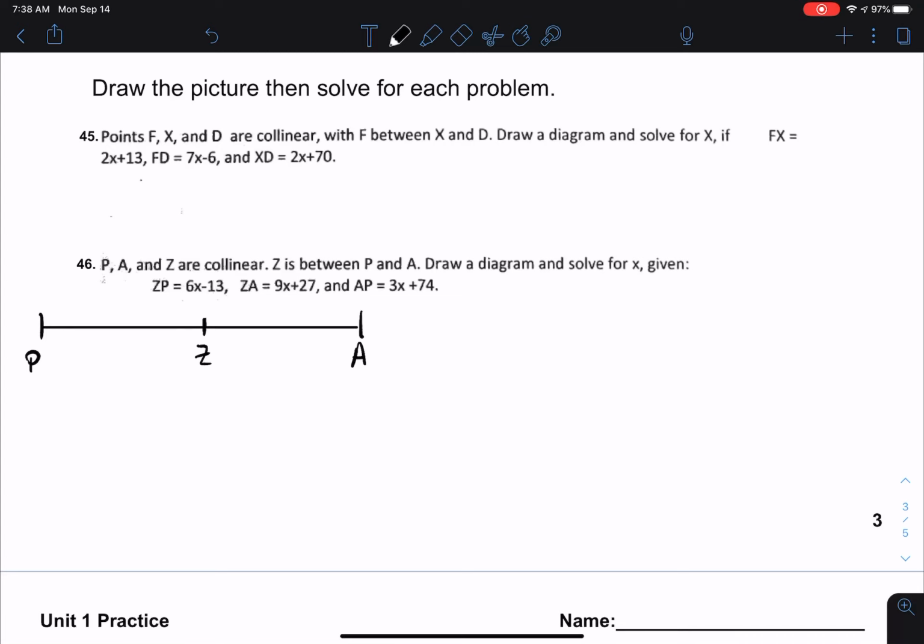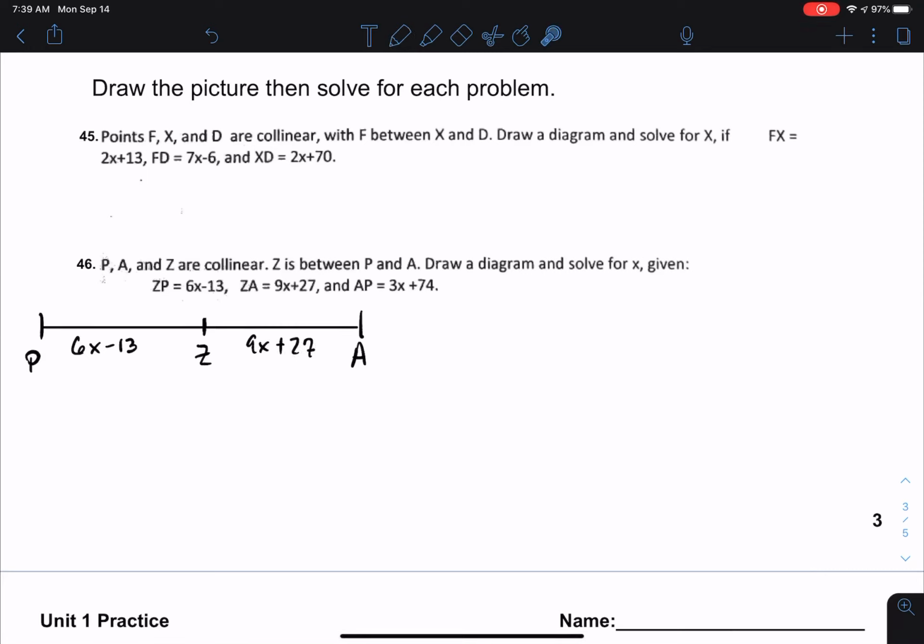Given that ZP, so from Z to P, this guy right here, is 6X minus 13. And then ZA here is 9X plus 27.